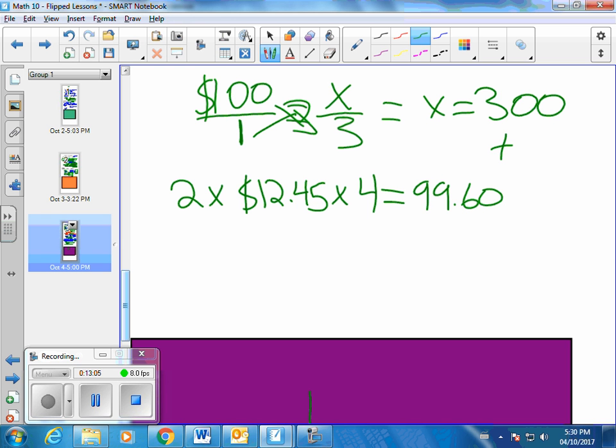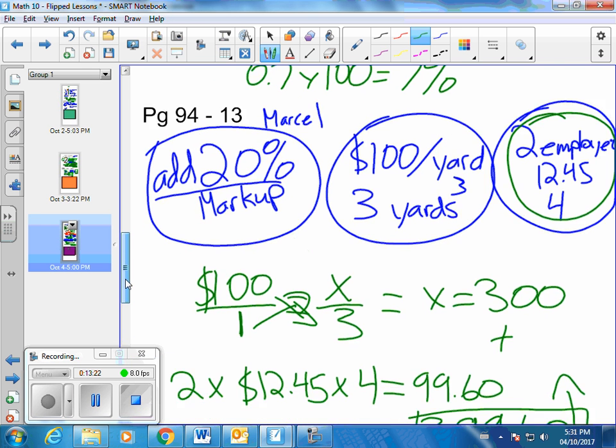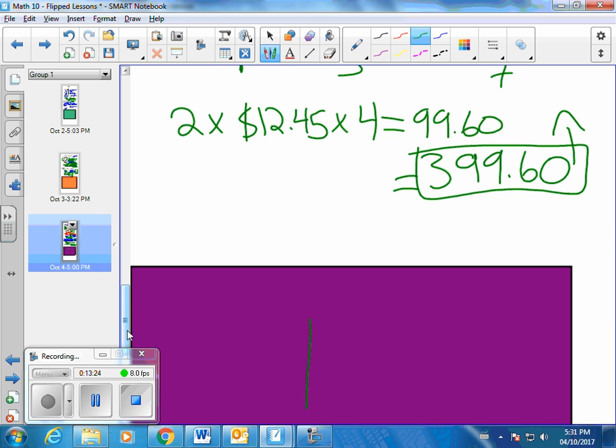We are going to add these 2 numbers together. Very simple and very easy. We're going to get $399.60, which now we need to add our markup to. We know that our markup was 20%, so I'm going to convert 20% to a decimal. Divided by 100, I get 0.2.